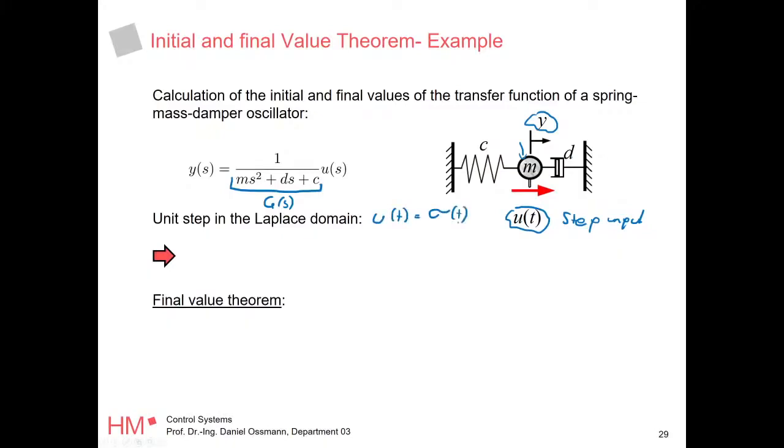Now, question to you, what do we do next? Well, what we're going to do next, we have g of s, but we need u of s. Question to you for the chat: what's u of s now if we have a unit step?